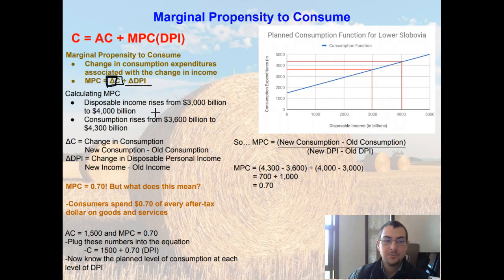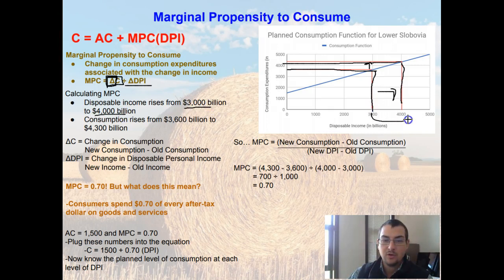We say that disposable income rises from $3,000 up to $4,000. And with that rise in income, we see that consumption rises from $3,600 billion to $4,300 billion. So what we're seeing is that income rises from 3,000 billion to 4,000 billion.